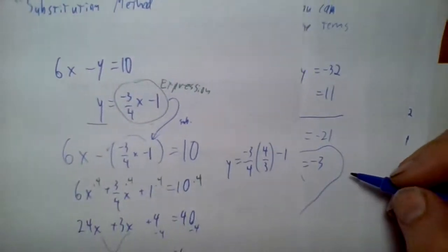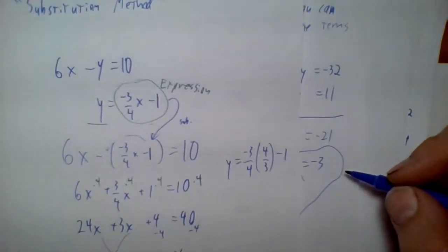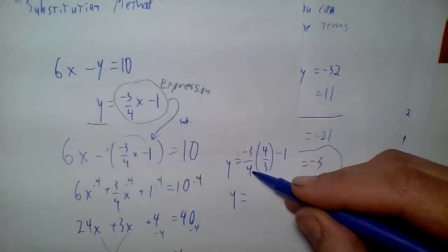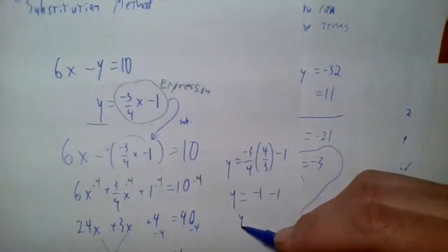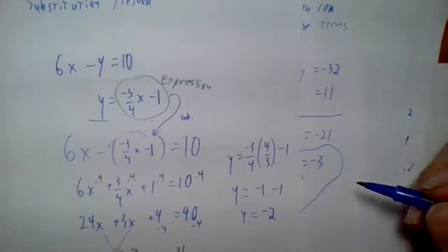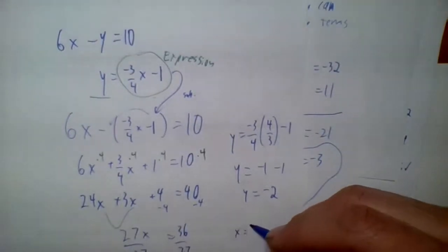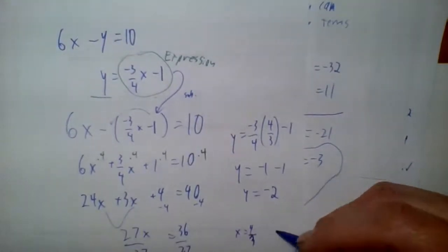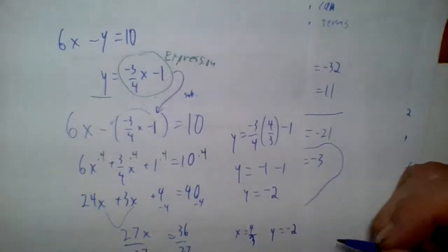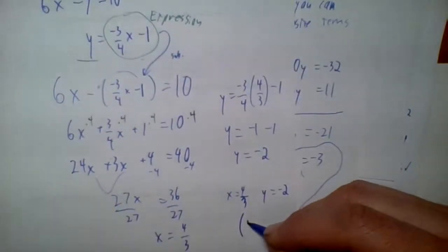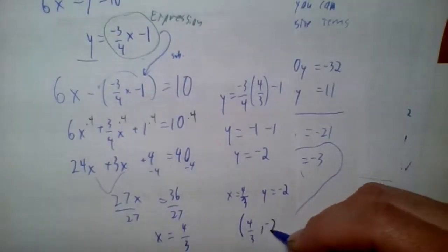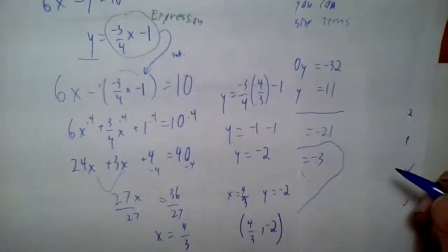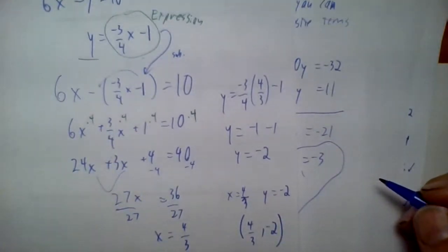So y should equal negative 3/4 times 4/3 minus 1. And that comes out pretty nice. That's negative 1 minus 1 is negative 2. So I got x equals 4/3 and y equals negative 2, or if you want to write that as an ordered pair, that's good. 4/3 comma negative 2 is the solution to the system.